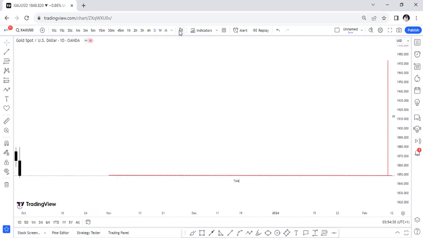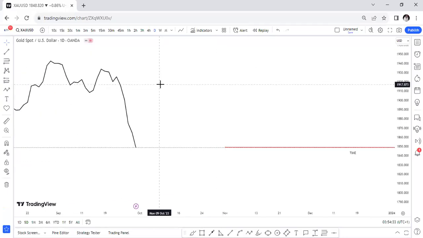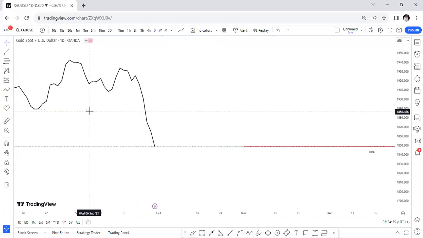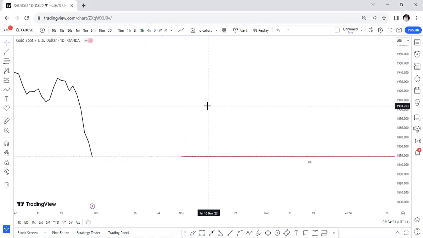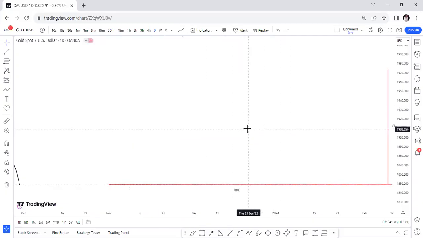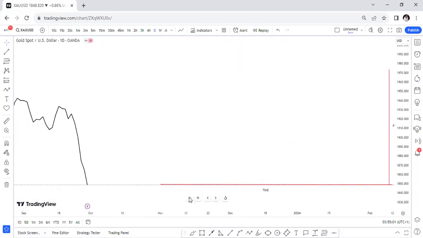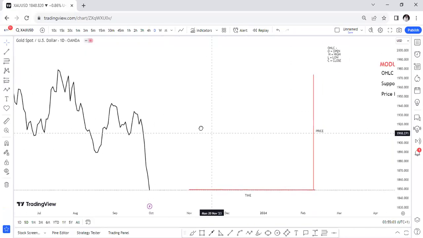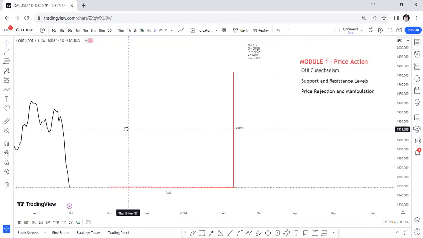But for line charts, it ignores the high and low price information, and it dictates the body of the candlestick relative to where it closes. So it places much more significance on the body of the candlestick than the wick.